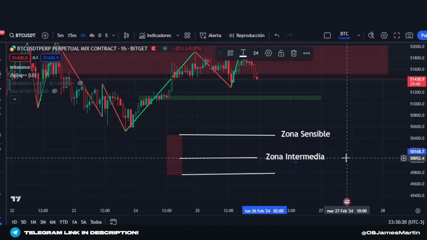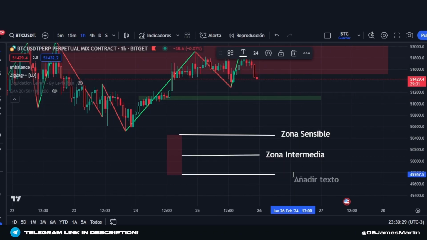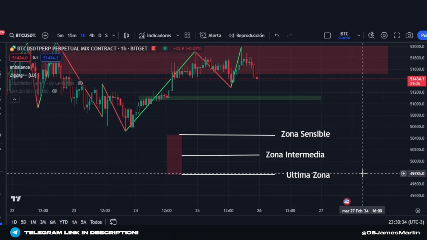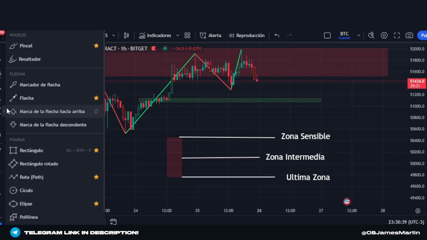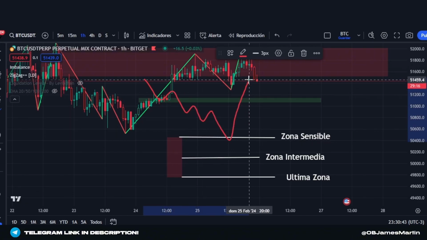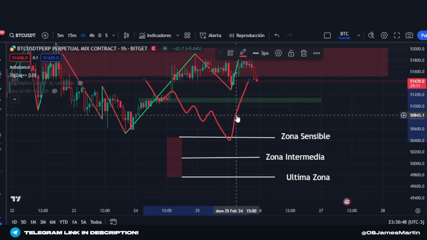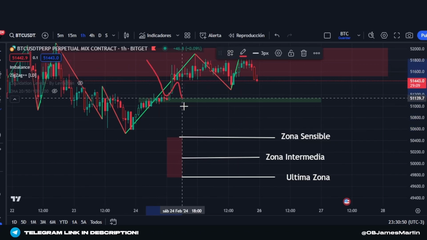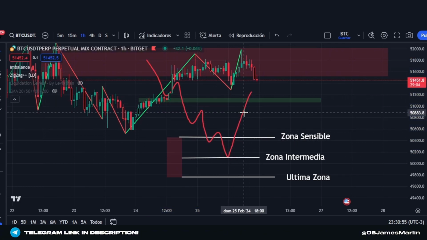Second is the intermediate zone, where 50% of the order block is mitigated. Sometimes the price comes here and turns around, and sometimes it reacts strongly, but sometimes it is not enough. And we get the ultimate zone. It's pretty much like the support zone, guys.